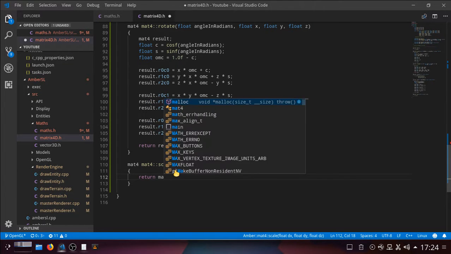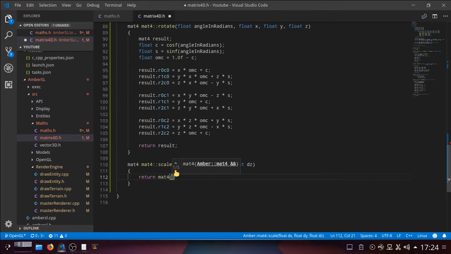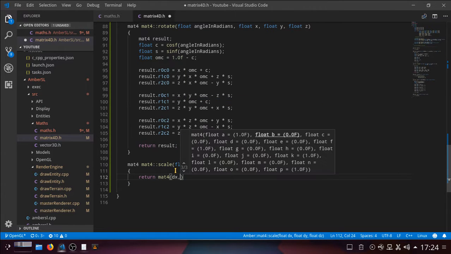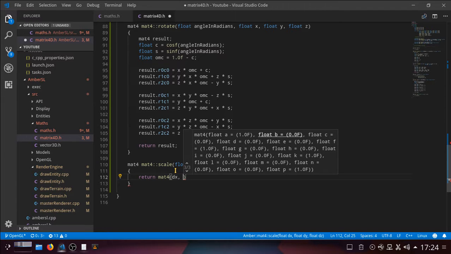Return a map 4, please. I'm just going to open the brackets on this. And this one is going to be very easy. It's going to be dx, comma. Oh yes, I know how to do this one now.